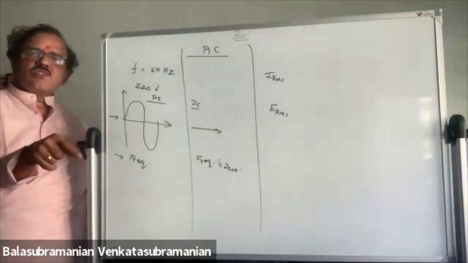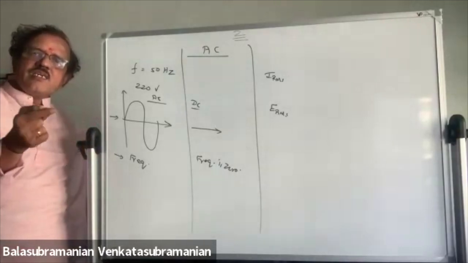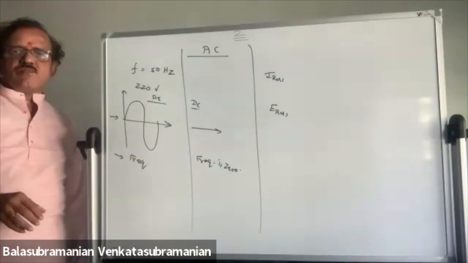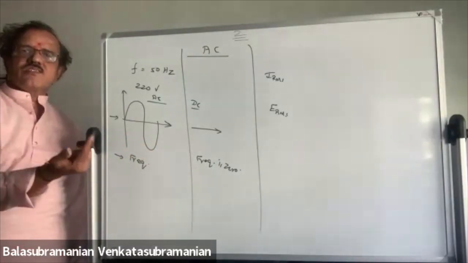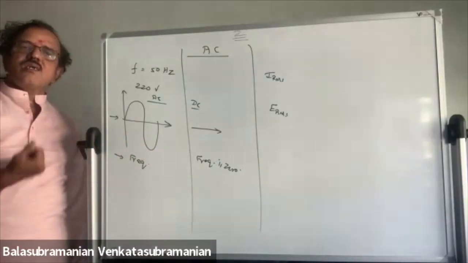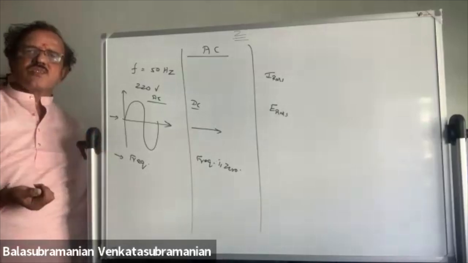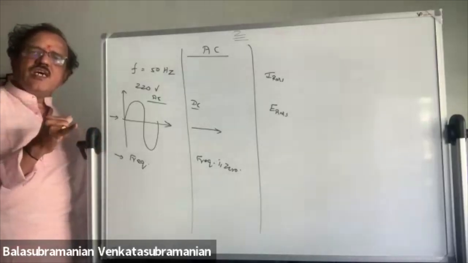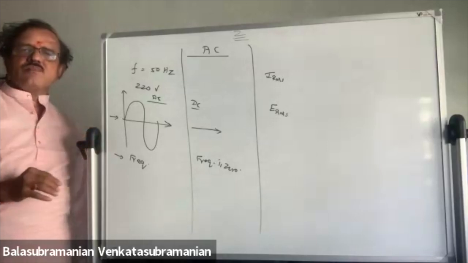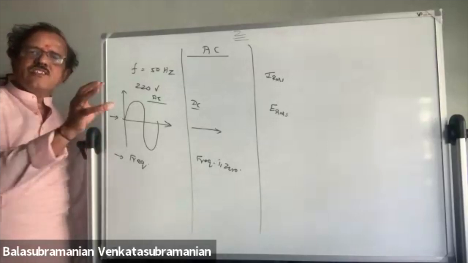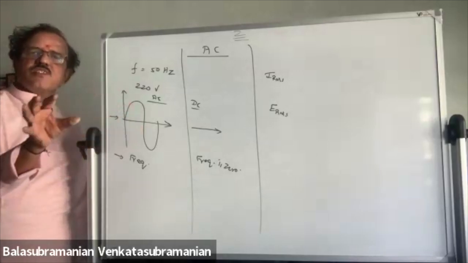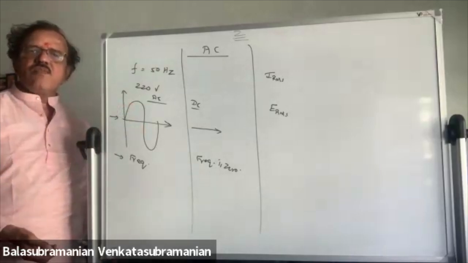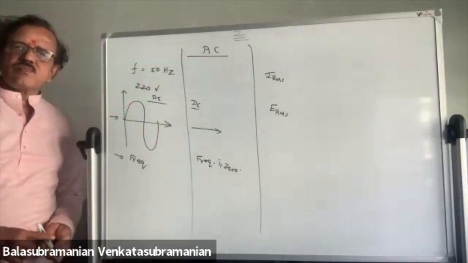In the same 2 minutes, same 100 joules, how much amount of DC is used to heat the resistor or the coil, whatever it is. The amount of heat energy and time taken is the same. Then this much amount of DC and this much amount of AC is equal.